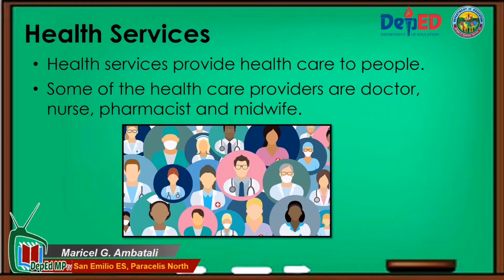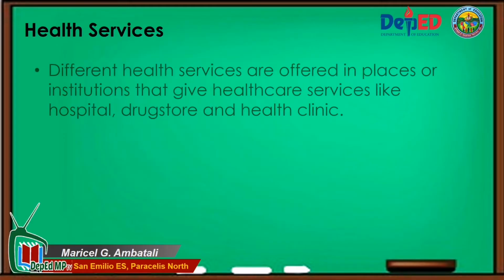The last component is health services. Health services provide health care to people. Some of the healthcare providers are doctor, nurse, pharmacist, and midwife. Different health services are offered in places or institutions that give healthcare services like hospital, drugstore, and health clinic.